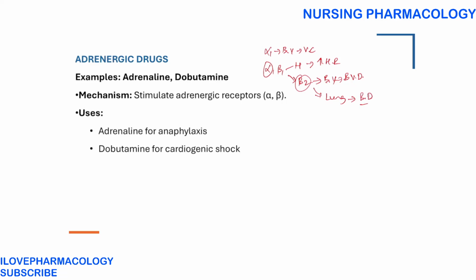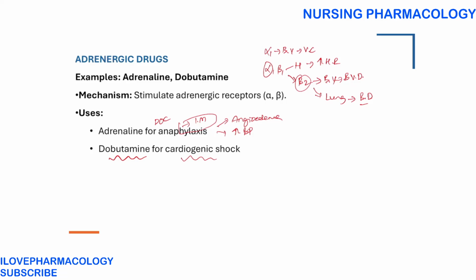So adrenaline, since it is the drug of choice in case of anaphylaxis, is given through the IM route. It has to be given very, very carefully because it will take care of the angioedema. It increases the blood pressure, etc. Dobutamine is the drug of choice in case of cardiogenic shock.